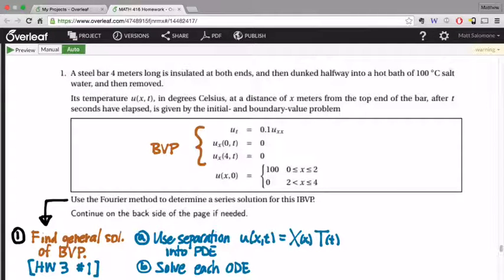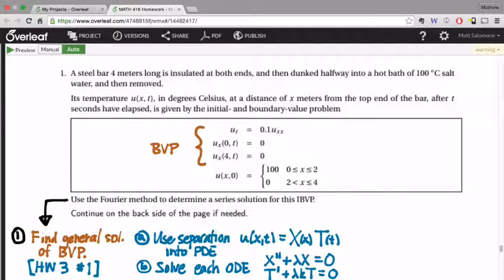And I think it's fair for me to say, because I've already posted the solutions to homework 3, what those ODEs end up looking like. X double prime plus lambda X equals 0, and T prime plus lambda k T equals 0.